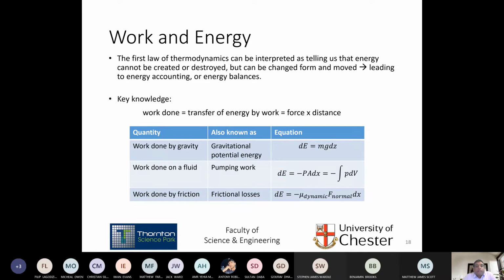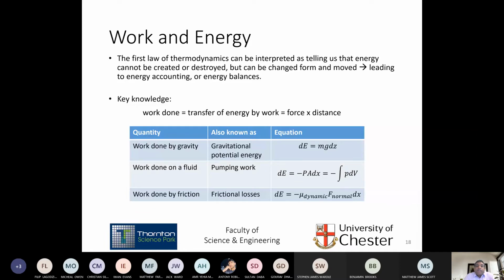Likewise, we can talk about work done on a fluid. This is also known as pumping work. Work done on a fluid can be expressed as the product of force, that is pressure times the area of cross section, times the length over which the fluid moves. So P is the pressure here.